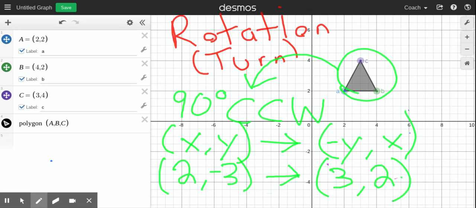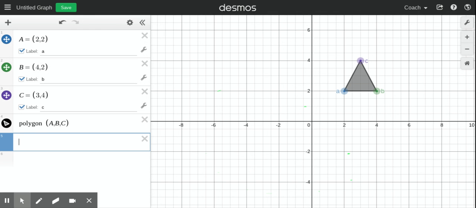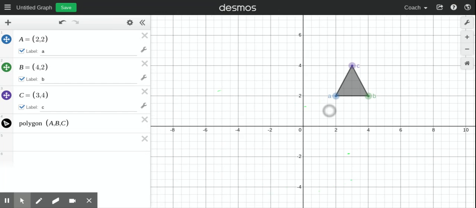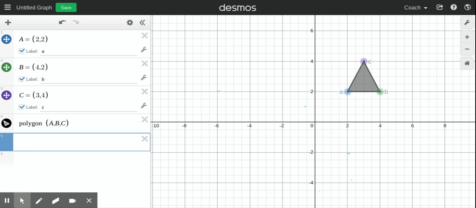Now let's see if we can do one of these. All right, first things first, without even looking necessarily at this triangle, we've got the ordered pair A. Ordered pair A is (2, 2).